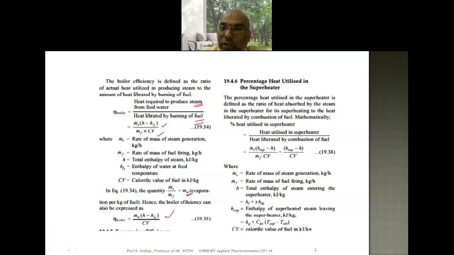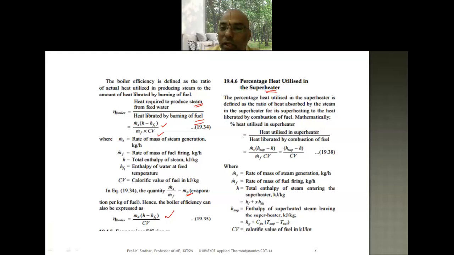So the next one, the percentage of heat utilized in the superheater. Because we know that the superheater is a boiler accessory which is used to increase the temperature of the steam. That is, we have to convert the dry saturated steam or the wet steam into the superheated steam. With the help of the flue gases which are leaving from the boiler, we are able to heat the wet steam or the dry steam which is coming from the boiler.